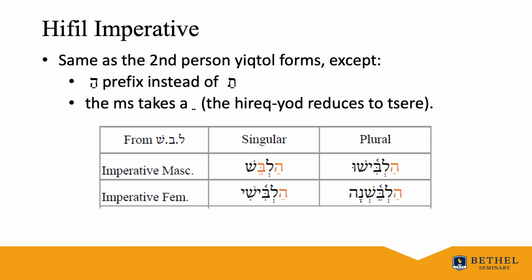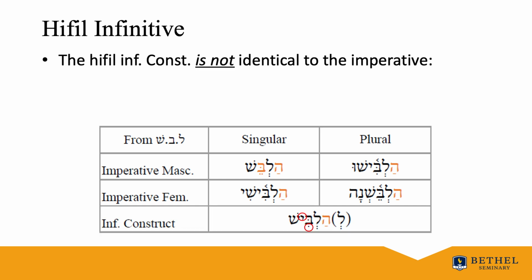So, lavash in its second masculine singular imperative form is halbesh. All the other forms, whether that be masculine plural, feminine singular, or feminine plural, you're going to see that the general rule of look at the hey prefix with the patach beneath it and followed by a sheva under the first radical letter applies.